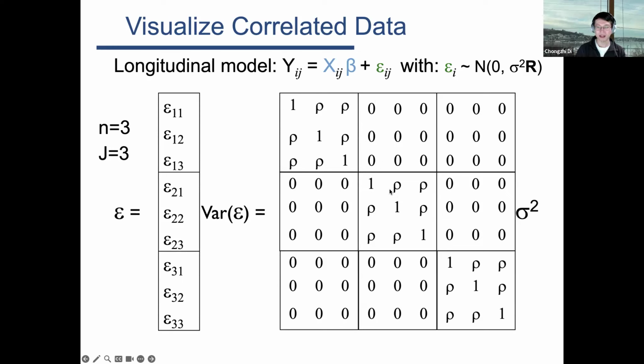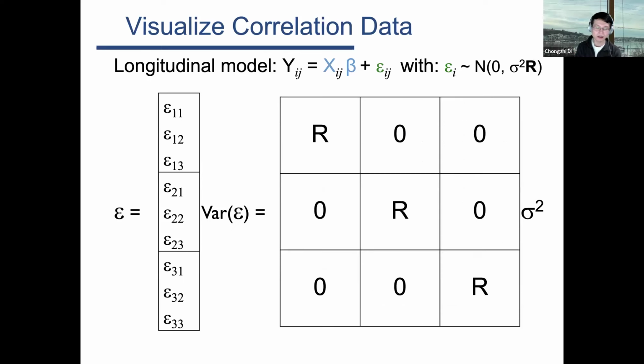Within the diagonal blocks, there are some correlations, but the off diagonal blocks are all 0. So this is the structure to keep in mind. This is really the same correlation matrix, but written in a block format.